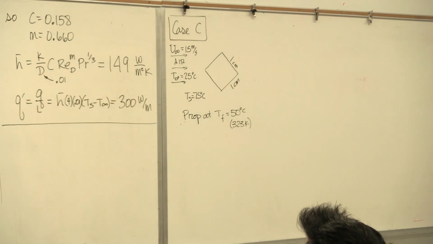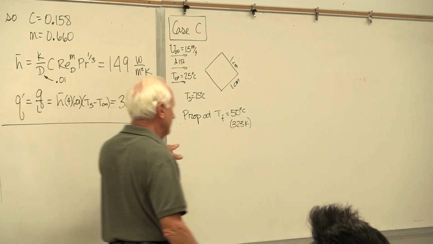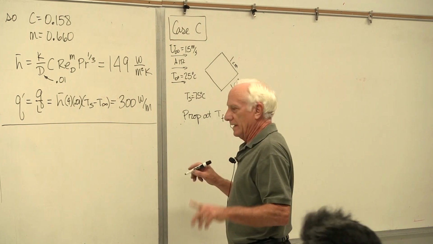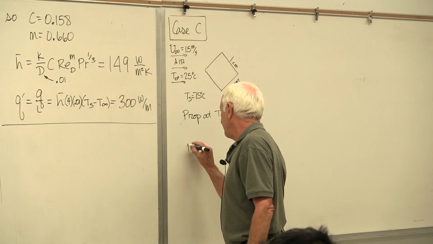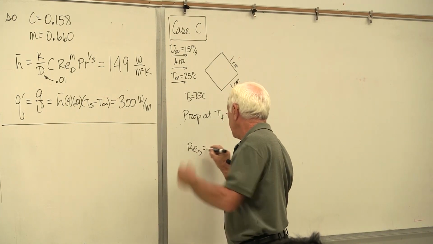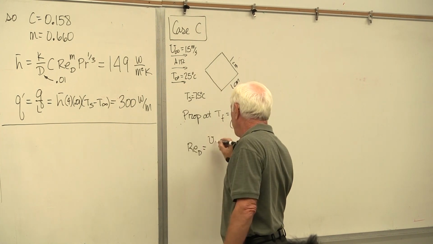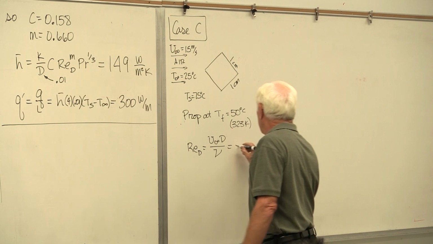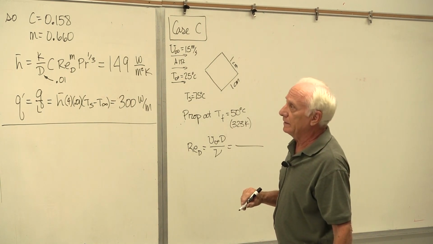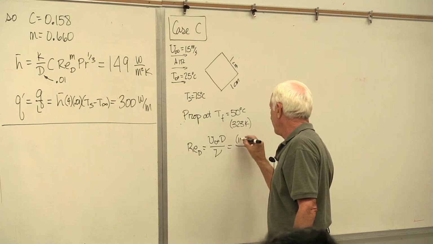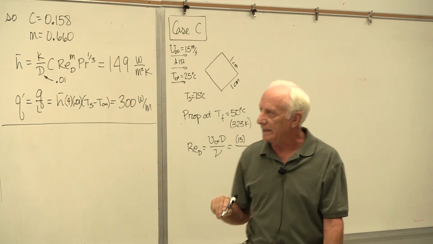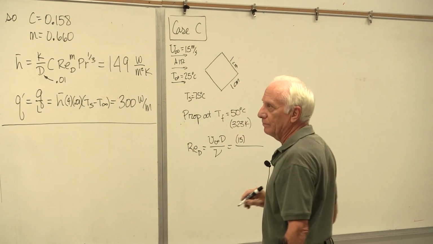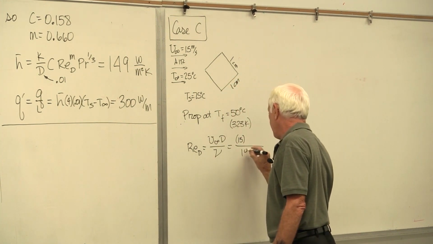Properties here, 323 K. Properties here, 323 K. Properties here, 323 K. I need that to get the Reynolds number, first of all. Reynolds number based on D. U infinity D over nu. U infinity is my 15. Kinematic viscosity didn't change. 18.5 times 10 to the minus 6.